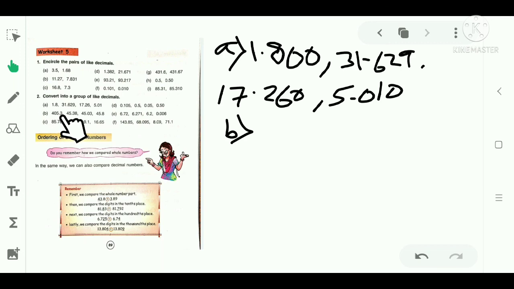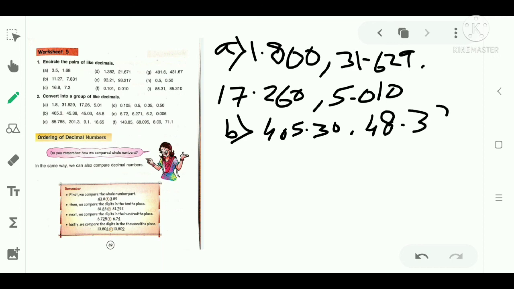Then if we make this decimal part 2 digits, it will become like decimals. So in 405.3 what we will do, we will add 1 zero here, 405.30. Next number 45.38, here already 2 digits, so no need to change it, write it as it is.